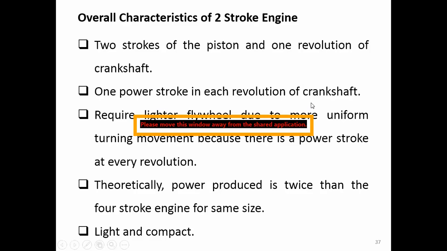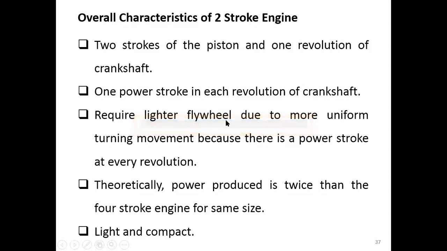So every time the crankshaft rotates, a power stroke happens. That means this two-stroke engine requires a much lighter flywheel, because it already has a uniform turning moment. The reason it has a uniform turning moment is that it has a power stroke at every revolution.